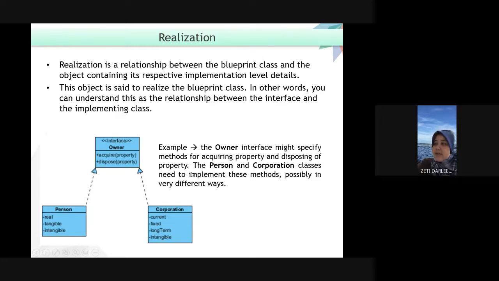The person and corporation classes here need to implement these methods, possibly in different ways, so that is what we set for the different types of class, person and corporation here.